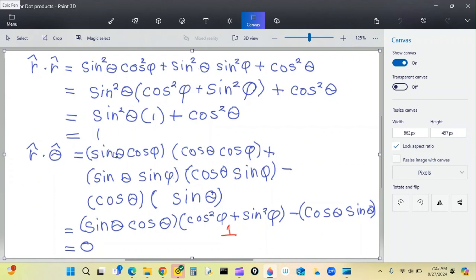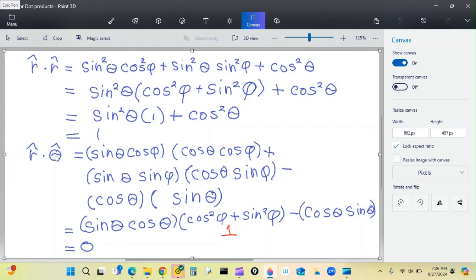Let's try this one. Here's the r component of the i vector. Here's the theta component of that thing multiplied together. And the same thing is done here for the i component and the j component and the j component here. And here's the k component. One is cosine theta for the r, sine theta for the theta operator.